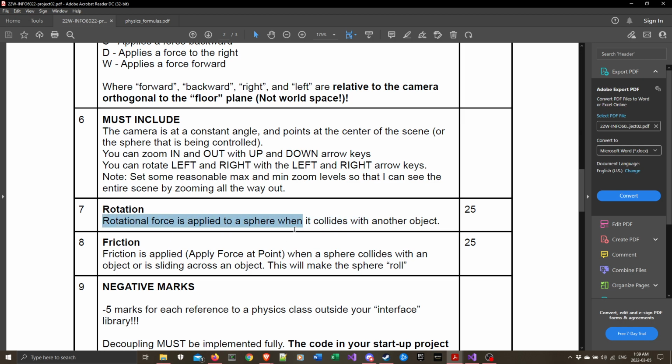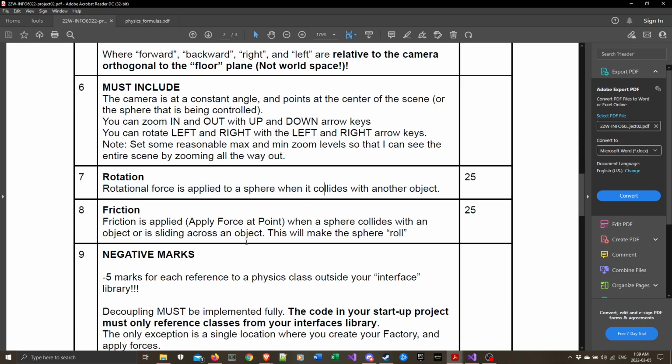So we have to add rotational force when it collides with another object, so that's the sphere and other planes, and friction, applying force at a point when the sphere collides with an object or is sliding across an object. I took the friction more for just the planes.